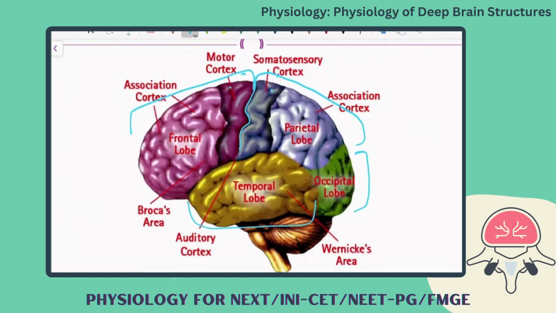The area before the central sulcus is the pre-central gyrus, and the area after it is the post-central gyrus. The part before the central sulcus is the frontal lobe, and the one in close approximation to the sulcus is the motor cortex. The rest of the frontal lobe is called the association cortex for motor function. So on the whole, the frontal lobe is specifically for motor function.